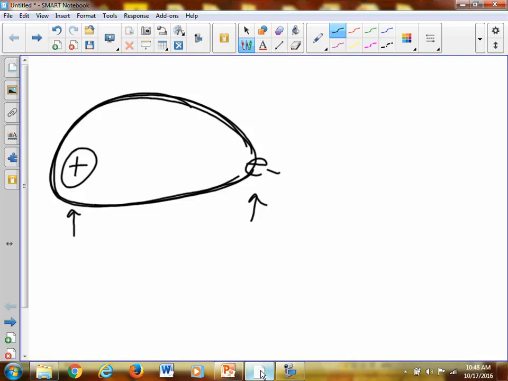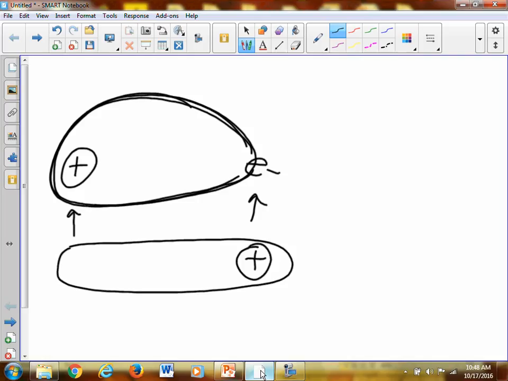But if we get those atoms close enough to each other, the orbit of another atom might have the nucleus down here with its positive protons, and the electrons orbiting, and this attraction between the different areas of an atom is called van der Waals attraction. And that's how geckos climb walls.